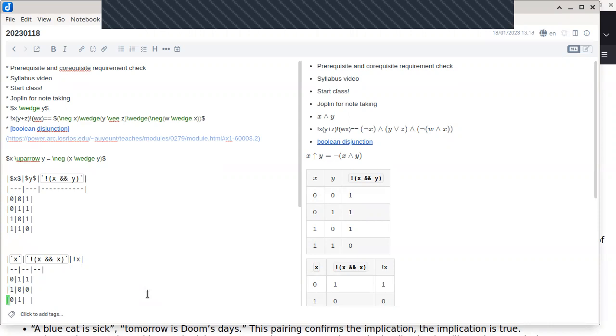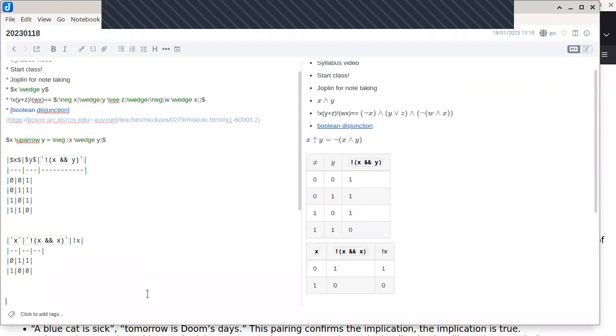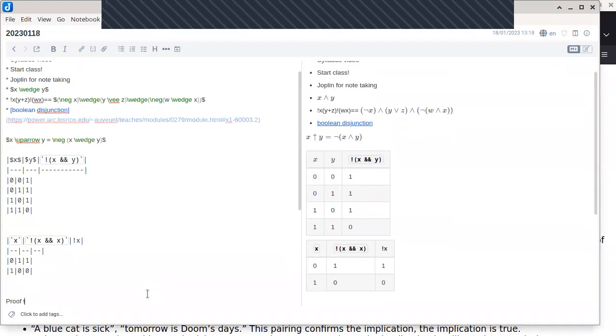Okay, so let me, nope. Okay, prove that x, right arrow, that is how we get the implies symbol, is really the same thing as, if I use the math operator, the negation of x or y.